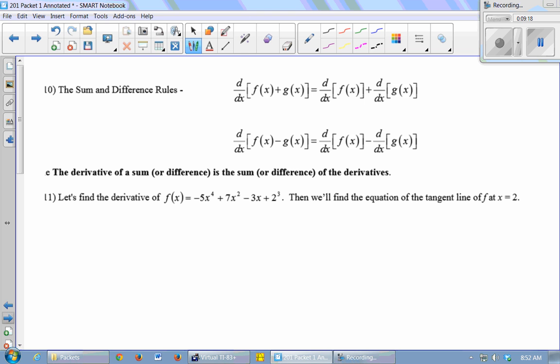And this same rule applies for addition and subtraction. If you want to take the derivative of a sum, take the sum of the derivatives. Derivative of a difference, take the difference of the derivatives. But it does not apply to multiplication and division. We have a special rule for that we'll learn. So it's like distributing the derivative to each term.